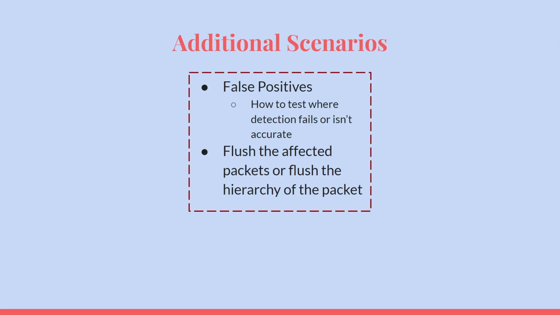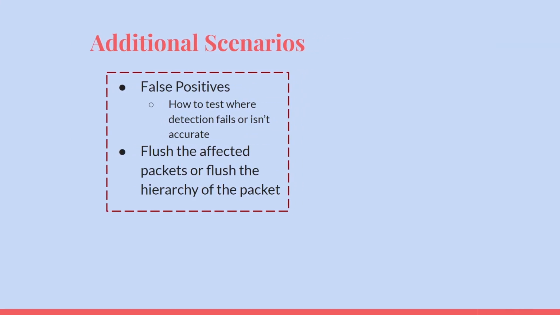And the next scenario that we would want to discuss in further detail is whether to flush the packet or flush the hierarchy of the packet. We would want to balance whether the source is contaminated or just that packet was contaminated. And we would also have to consider that if the hierarchy is not purged, it can cause lots of harmful effects. Now I'll pass everyone off to Jay.